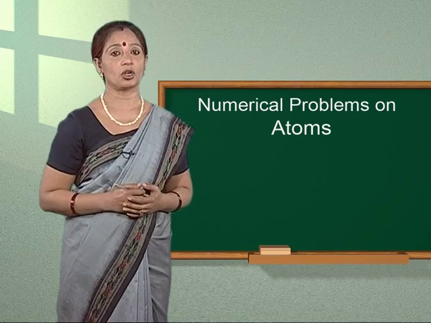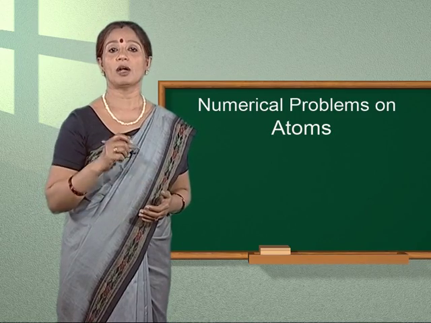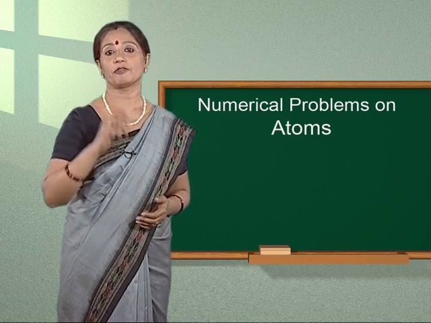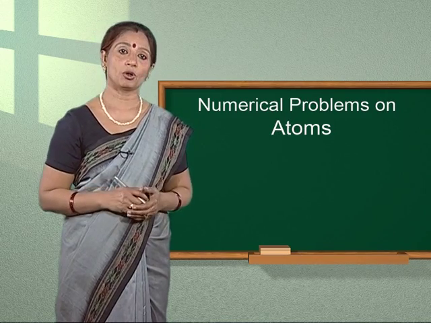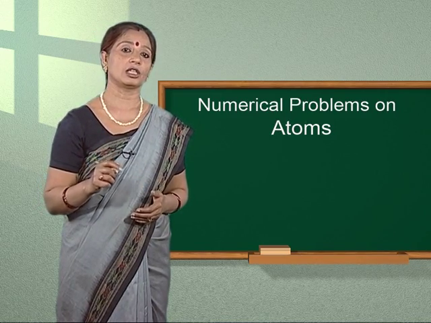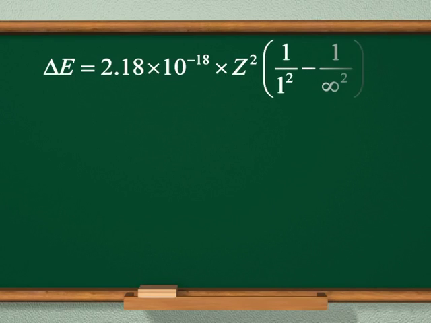The third electron has to be removed from ground state to infinity. Therefore, ionization energy for lithium is delta E equal to 2.18 into 10 to the power minus 18 into Z square into 1 by 1 square minus 1 by infinity square joule.